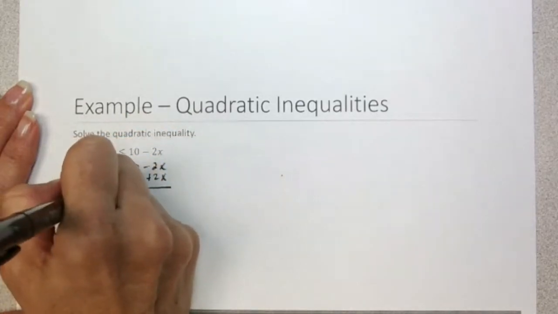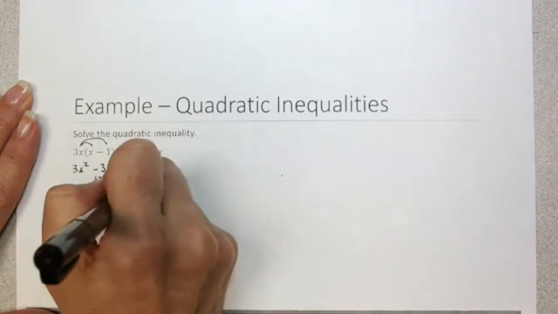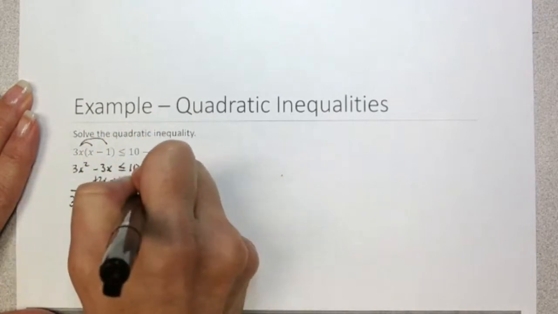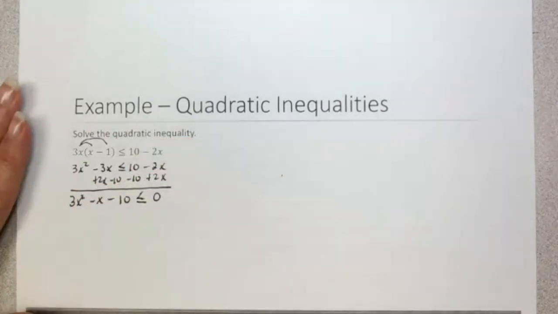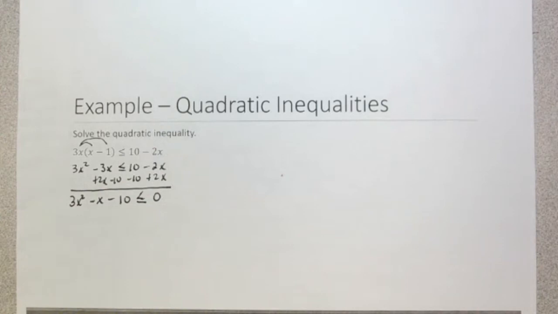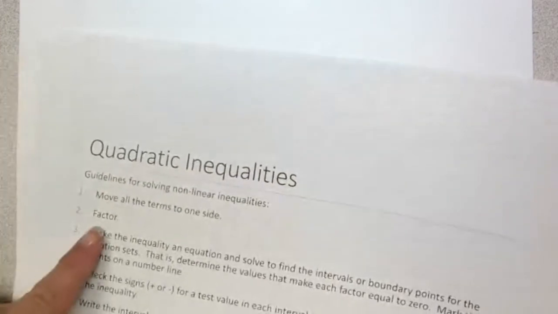So we'll have 3x squared, negative 3x plus 2x is negative x, minus 10. And that will be less than or equal to 0. Nothing left on the right-hand side. Okay. Now we want to go ahead and factor this if we can, because what we want to do is to make it an equation and solve it.